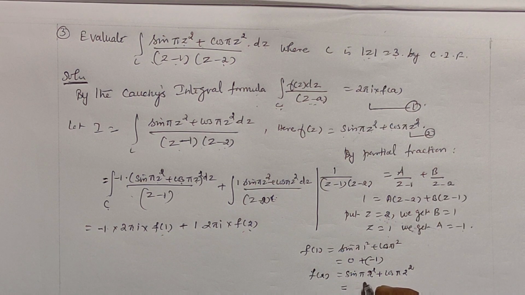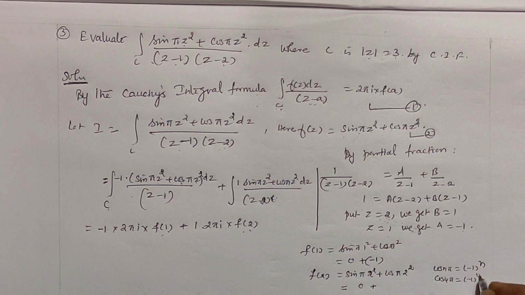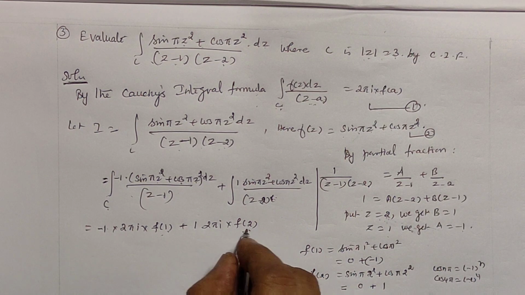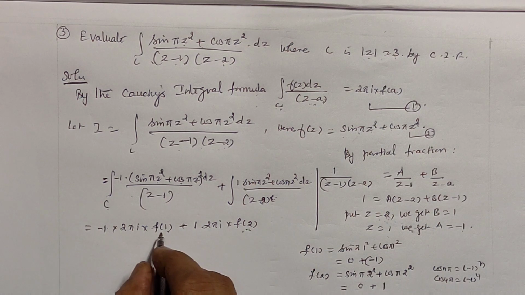Sin 4π is again 0. Cos 4π, you know that cos nπ is (−1)ⁿ, so cos 4π is nothing but (−1)⁴. Any negative term to an even power is always positive, so I'll get plus 1. So in the place of f(2), substitute 1, and in the place of f(1), substitute −1.